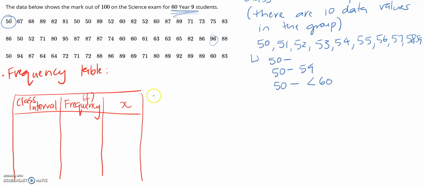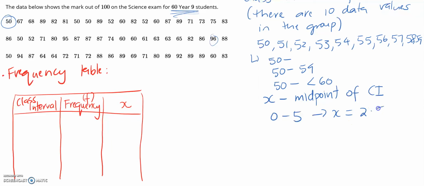Basically x is the midpoint of your class interval. So if you have a class interval from 0 to 5, halfway, your x would be equal to 2.5.